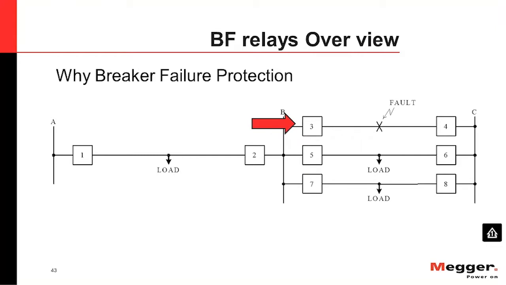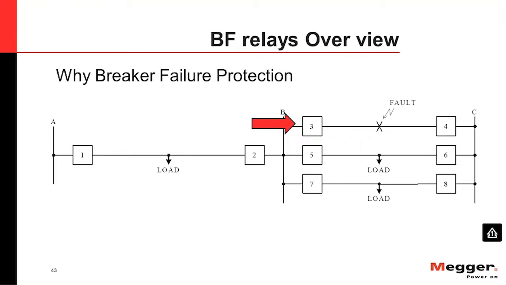The breaker failure has to send another command, because as soon as the protection starts, it will send to breaker number 3, and if breaker number 3 did not open, the same signal is going to the breaker failure to start. And depending on the scheme and the quantity we have of current, breaker failure of breaker 3 should start, and then it should resend or retrip the same breaker.